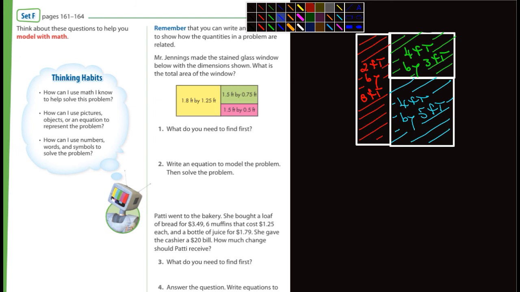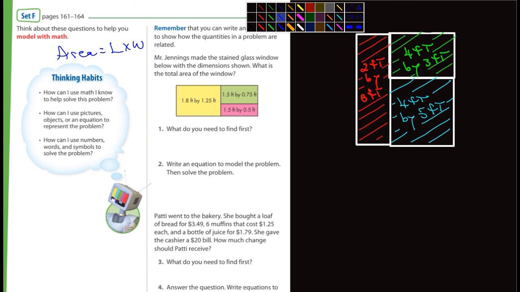Another way you could do it is, what's the formula for area? Area equals length times width. Well, if you could figure out this length here and this length here, then you would know what the whole area is. So there's 2 ways to do that. So let's see here. This is 1.8 by 1.25.